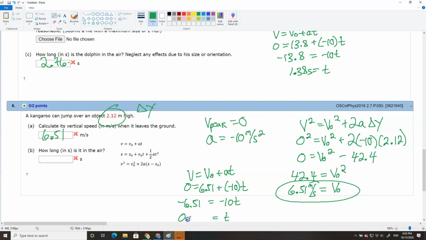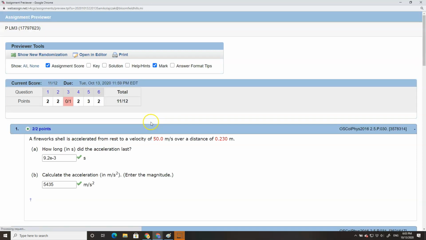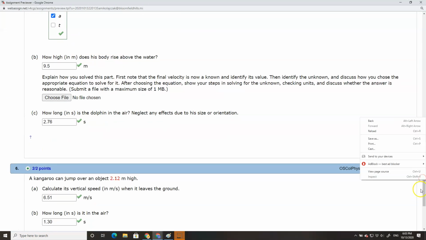So we solve a time of 0.651 seconds. 0.651 times 2 is 1.30. So the answers are 6.51 and 1.30. And there we go.